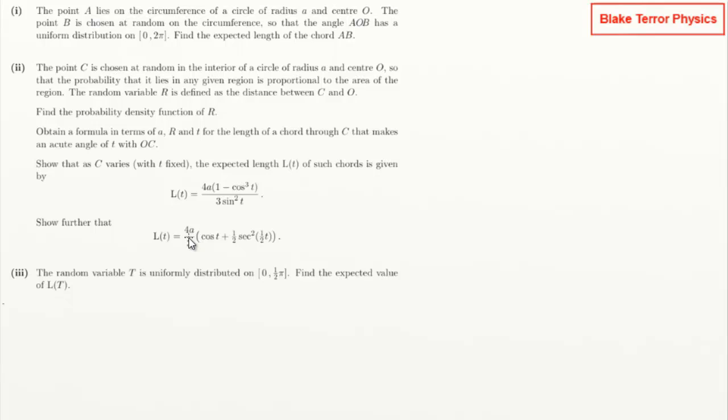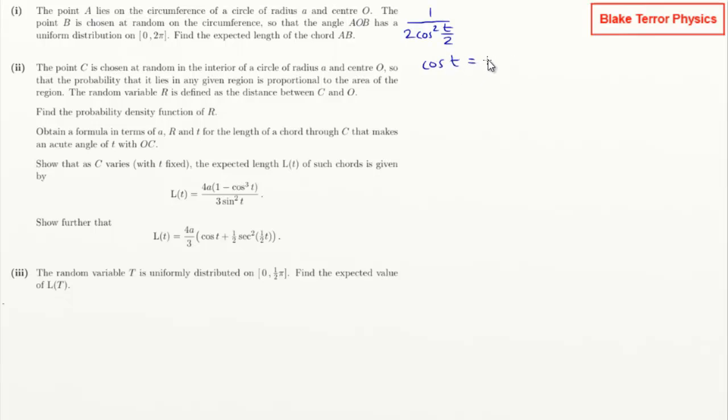Let's get a closer look at the half sec squared, just to make sure I know what's going on with that. So if I've got 1 over 2 cos squared t over 2, what is that going to be equal to? So cos t, let's just get these split out.